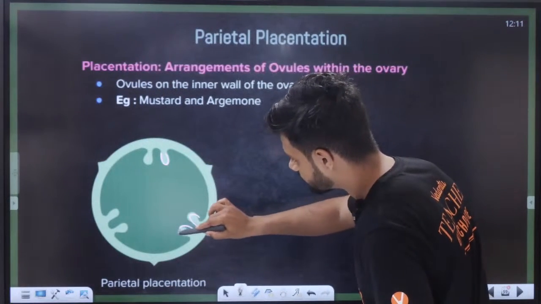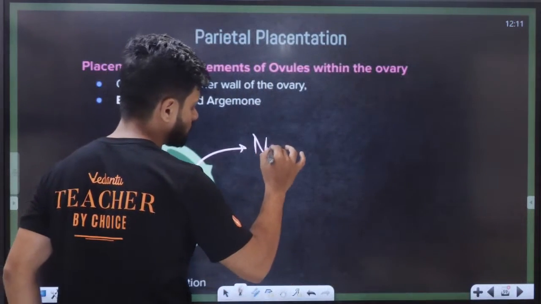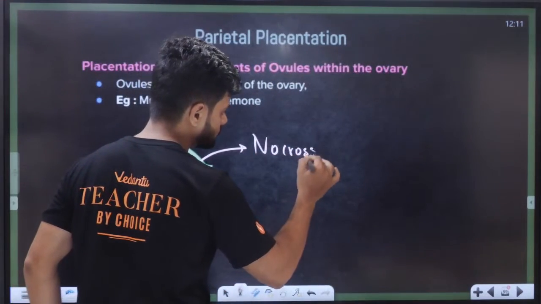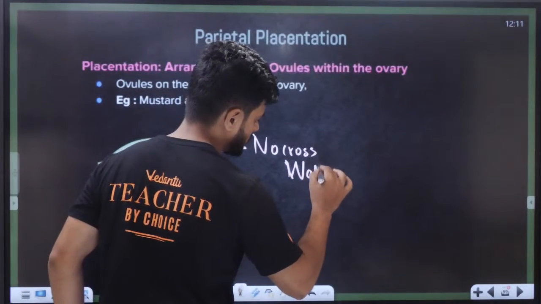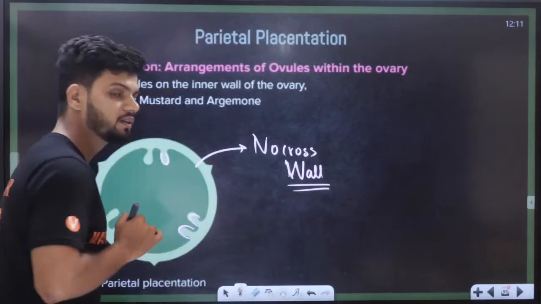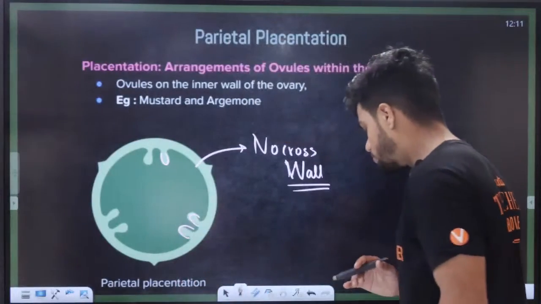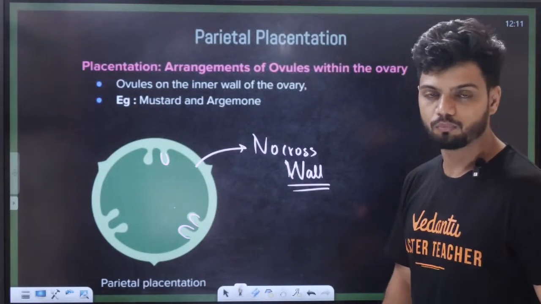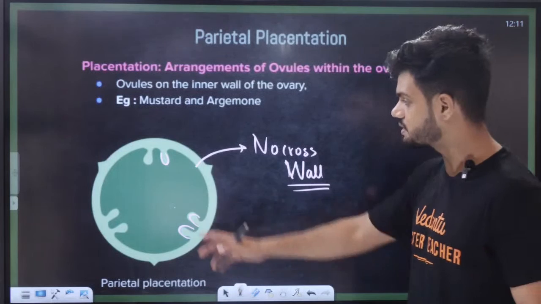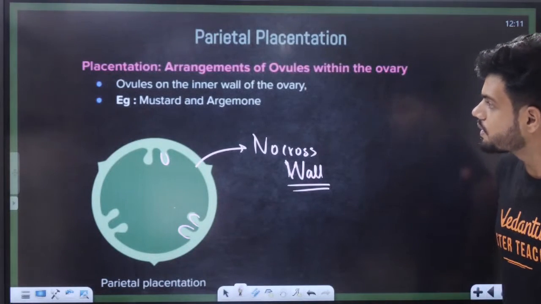On the outer periphery. And there is no septa formation, no cross wall in the starting stage. If there is no cross wall right here, students, can I call it monolocular? Monolocular, right? Single locule. Okay, single locule. But students, what exactly happens here?